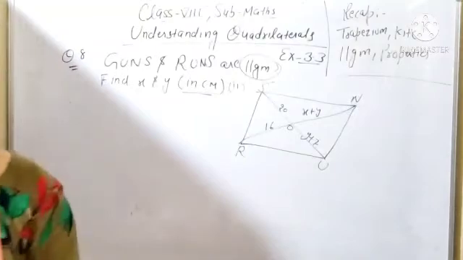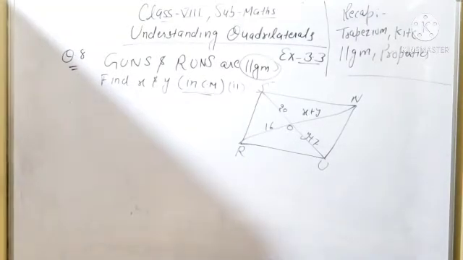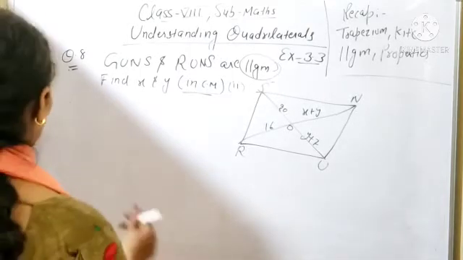Clear? So here diagonal sides are given. Okay, diagonals bisecting sides are given. So simply you can use one property here beta. What is the property?